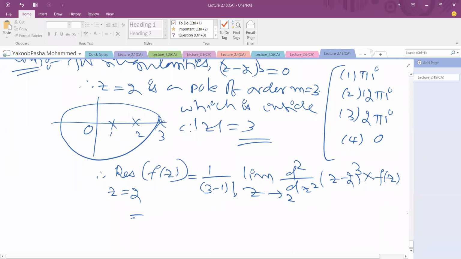So I am writing this is equal to 1 by 2 factorial is 2, limit z tends to 2.